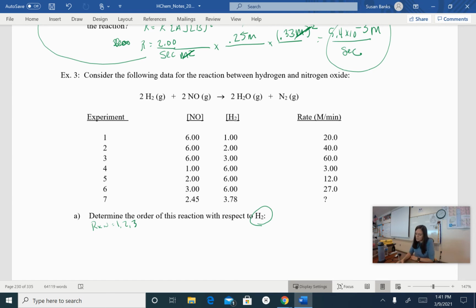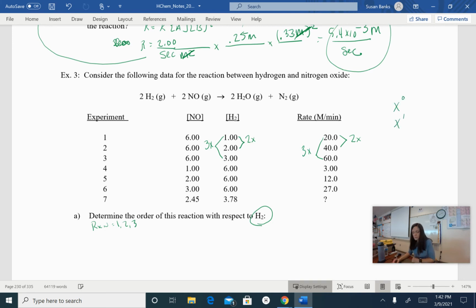Okay, so between trial 1 and 2, my concentration of hydrogen is doubled. What happens to my rate? It is also doubled. Okay, between reaction 1 and 3, my concentration is tripled and my rate is also tripled. So my question is, is that constant?